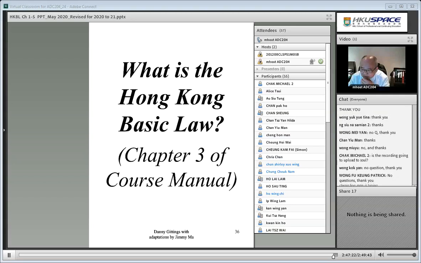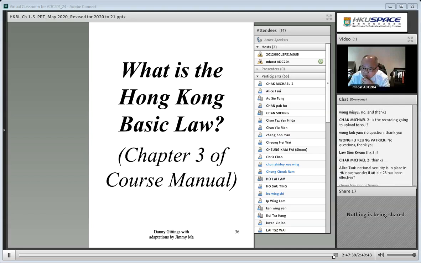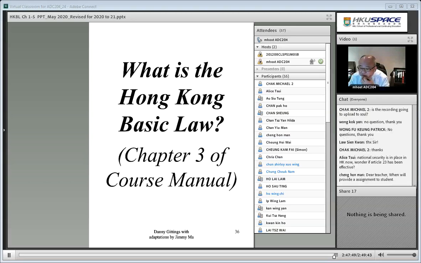I think the recording should be available on Salt. Article 23 is still effective, of course, but no laws have been made by Hong Kong SAR under Article 23 of the Basic Law.